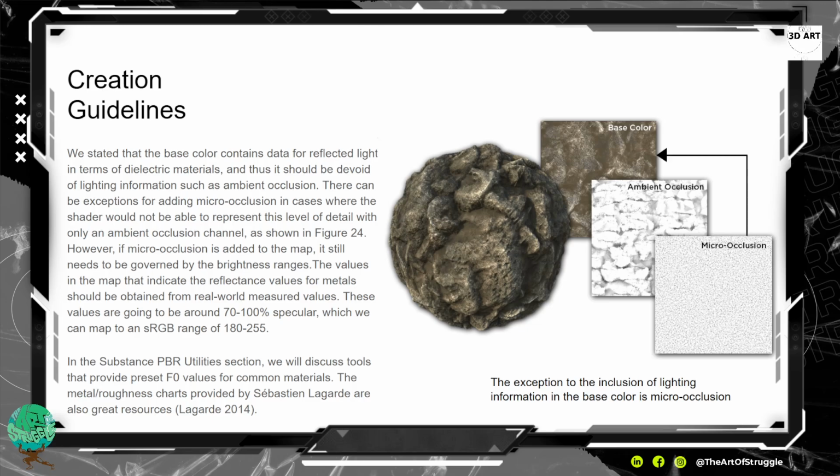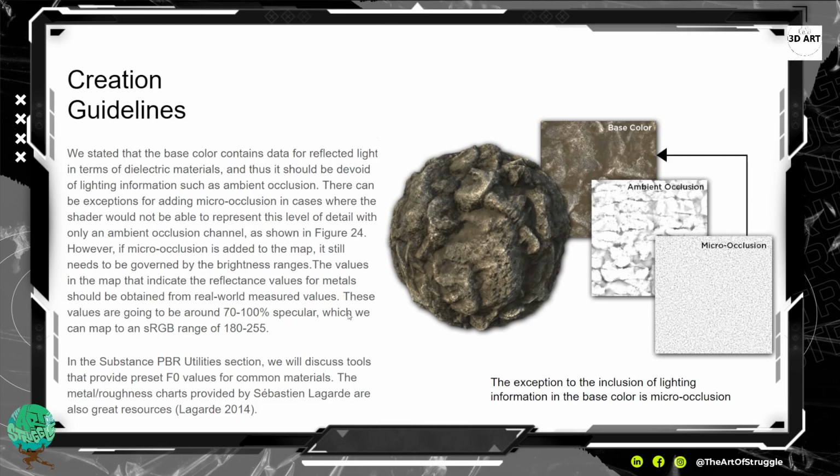These values are going to be around 70 to 100% specular, which we can map to an sRGB range of 180 to about 255. In the Substance PBR Utility section, we will discuss tools that provide preset F0 values for common materials. The metal roughness charts provided by Sebastian Legrade are also a great resource.